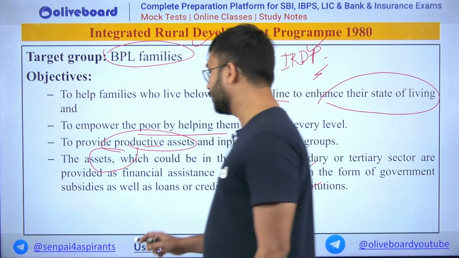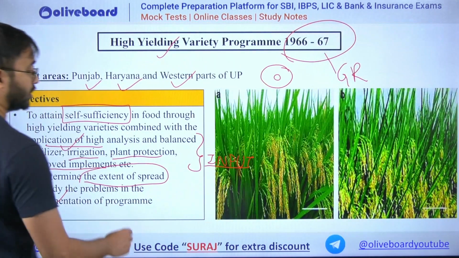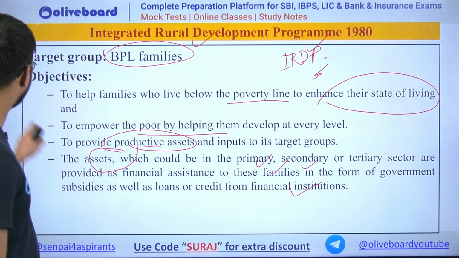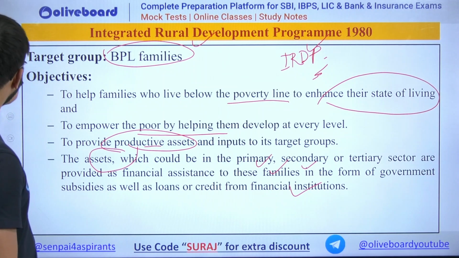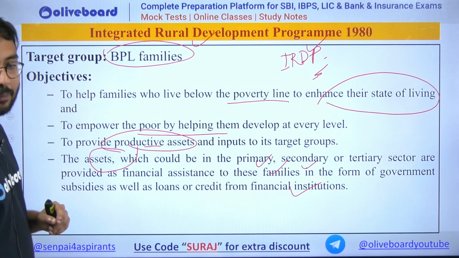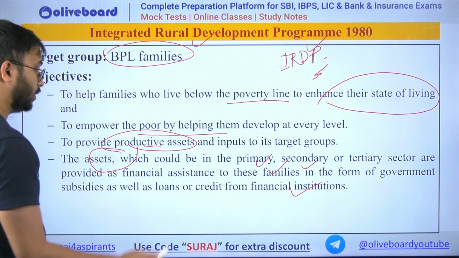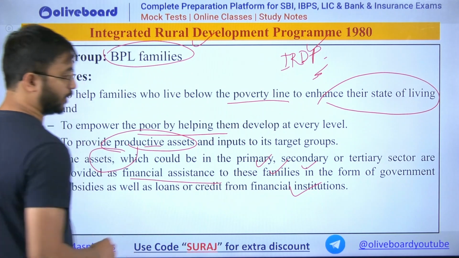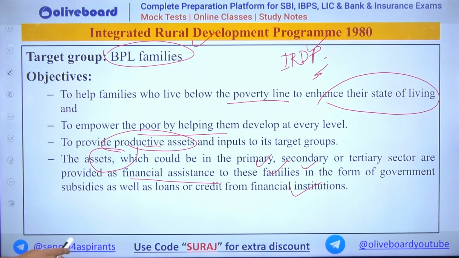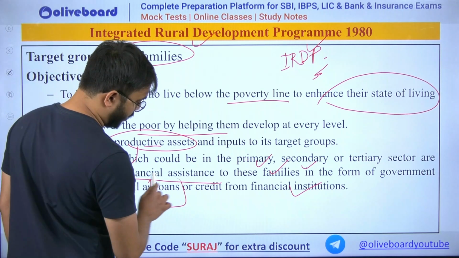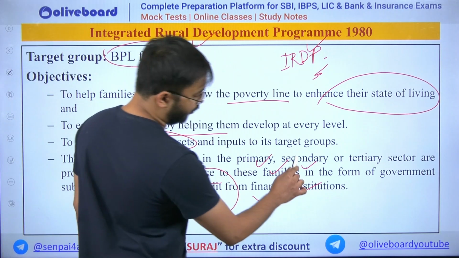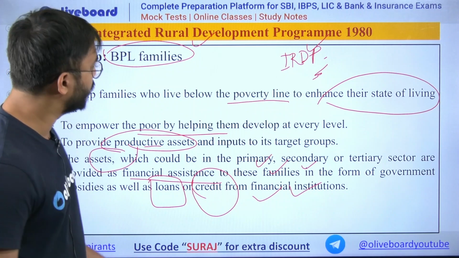So here the financial assistance would be given to the families. What do you mean by financial assistance? It means that yes, subsidies are given to the families. So in rural areas, whatever below poverty line families are there, we will try to give them financial assistance, in the form of subsidies, loans or credit from different financial institutions. I hope you get it.